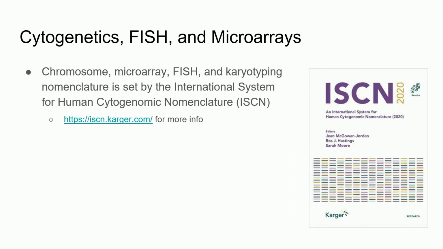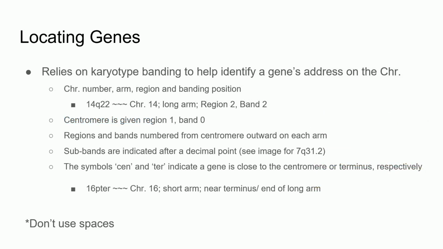When it comes to the larger structures of DNA at the genomics level, as in chromosomal and karyotyping, the International System for Human Cytogenetic Nomenclature has a set of international guidelines to follow. Let's begin by talking about how we locate genes or specific loci in the genome. Locating genes relies on the banding pattern of chromosomes.